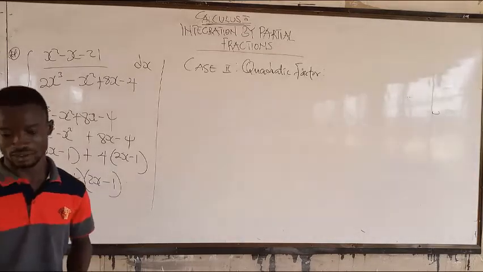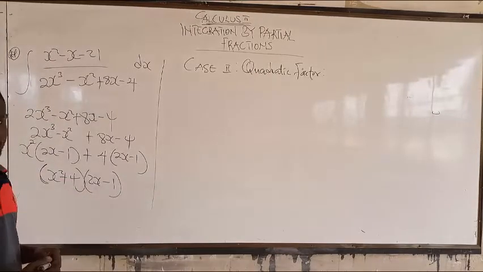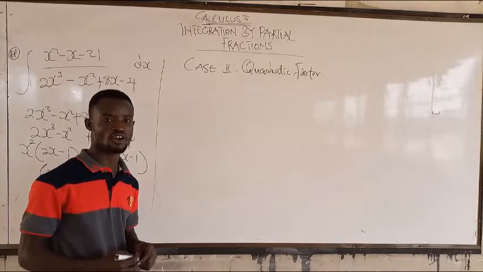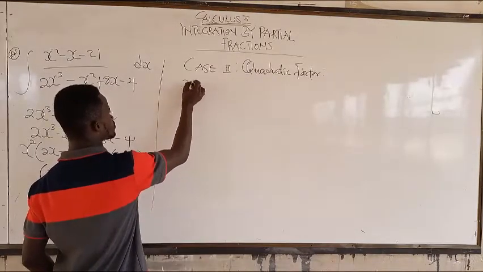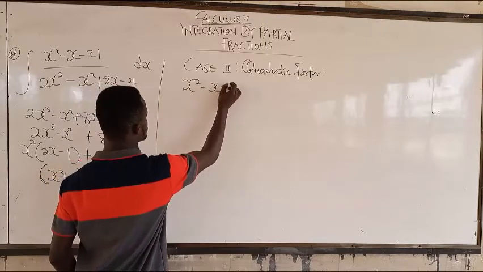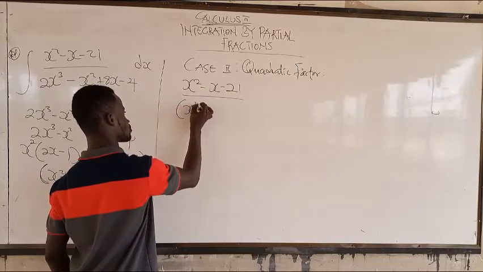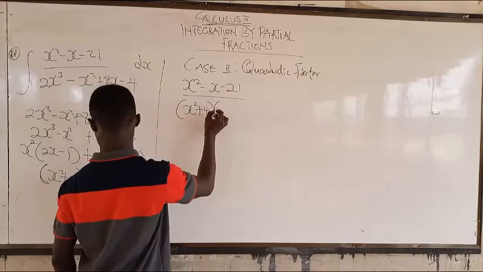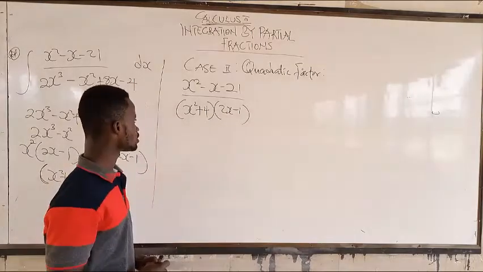That is going to be the factorized form. So to bring out the function to solve by partial fractions, you are going to get this.